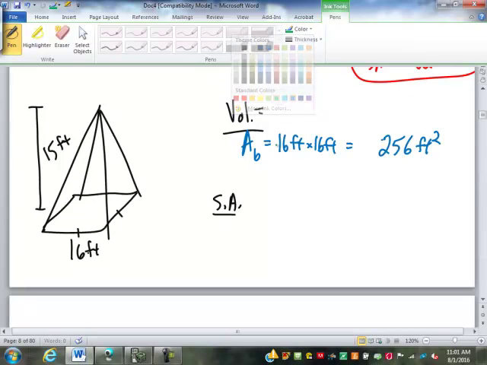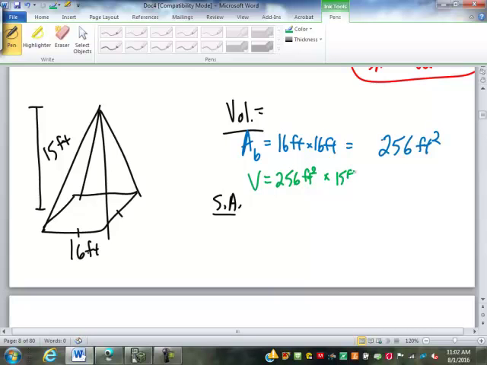And then volume is the area of the base, 256 square feet, times the height of 15 feet, divided by 3, which is going to be 1,280 cubic feet.